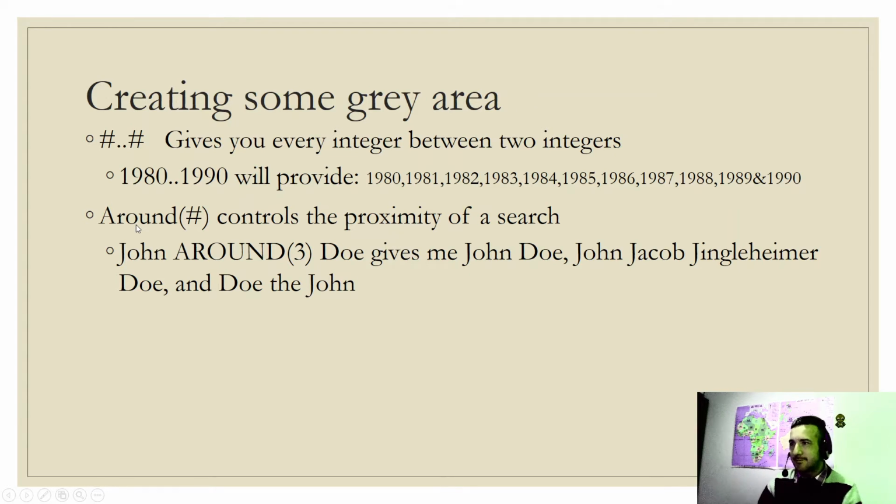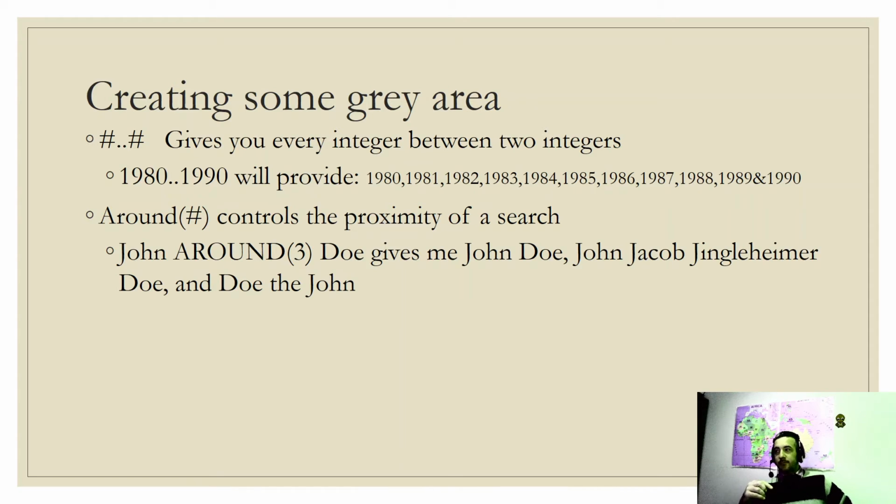gray area that says, well, I want the first term somewhere within the proximity of the second term. And in this one, the first one doesn't have to go first. So if I said I want John around Doe, it would give me John Doe. It would give me John, it would give me Doe, comma, John.